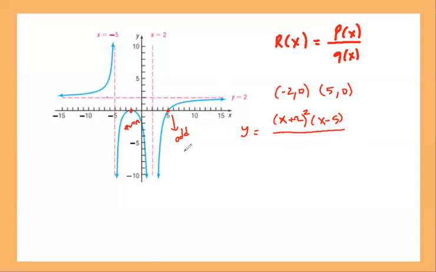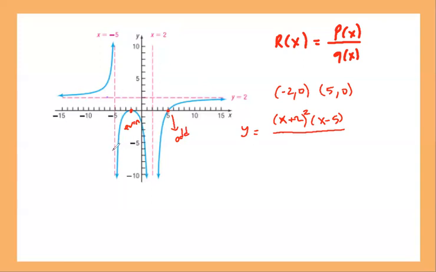The second thing we like to remember with rational functions is that whenever you have vertical asymptotes, like x equals -5 and x equals 2, those are the x values that will make the denominator 0. You cannot have such an x value, because if you choose x equals 2 and that makes the denominator 0, it will be undefined.